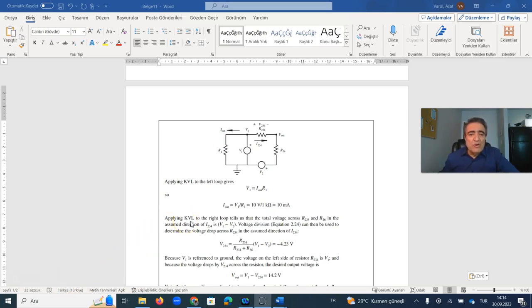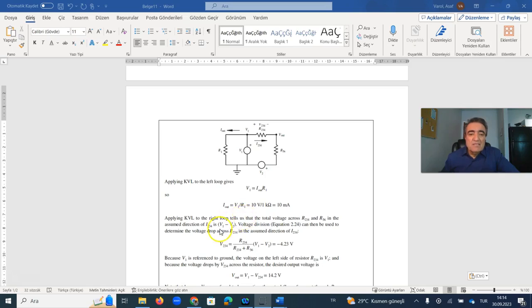Applying Kirchhoff's voltage law to the right loop tells us that the total voltage across R234 and R56 in the assumed direction of I234 is equal to V1 minus V2.